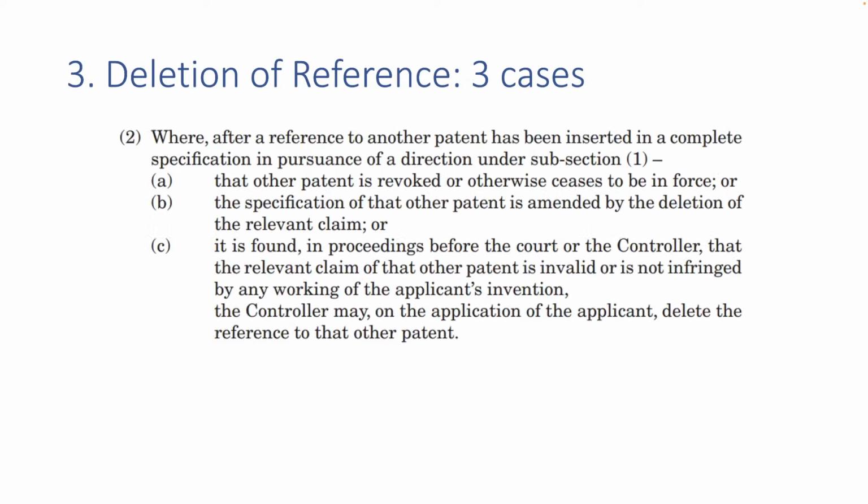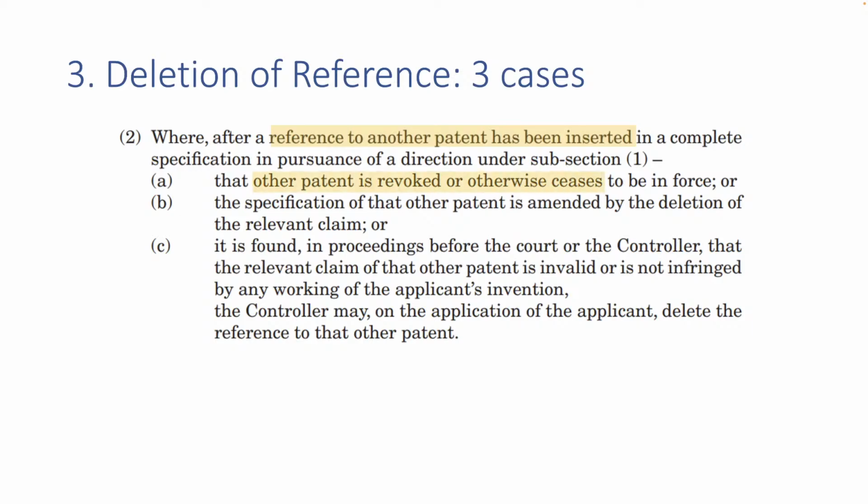Now, there are three cases where an applicant can ask the reference to be deleted. So deletion of reference, the controller has already made a reference. Reference to another patent has been inserted. It's already there. Now, what are the three cases?